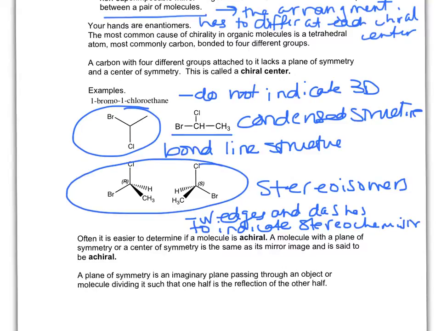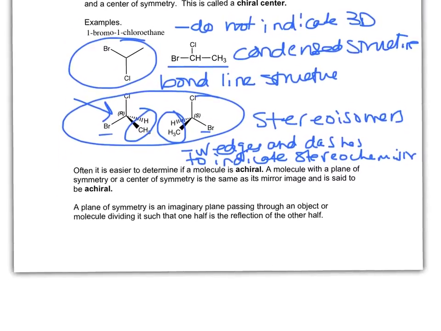And so what I've drawn here is that I've differed the arrangement of the methyl and the bromine, sorry. And as a result, the configuration around that chiral center is different. Don't worry about R and S. We'll talk about that in a little bit.